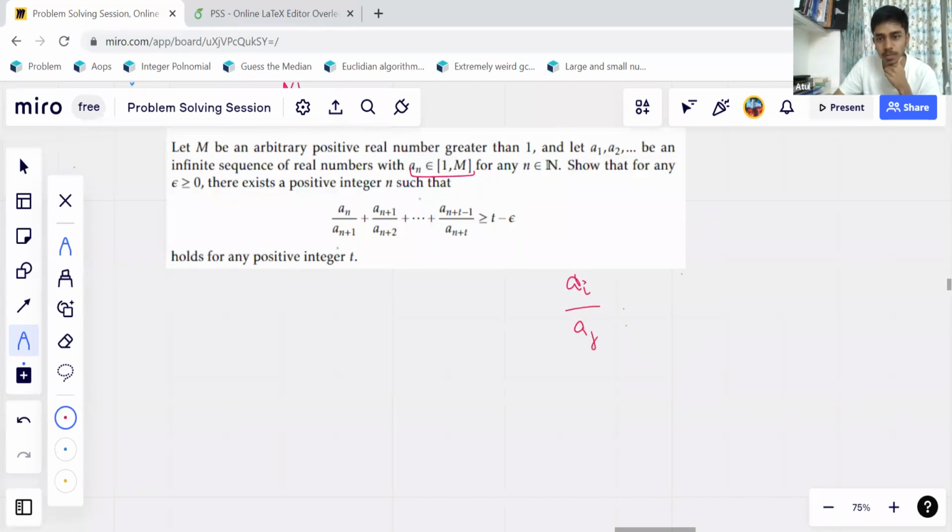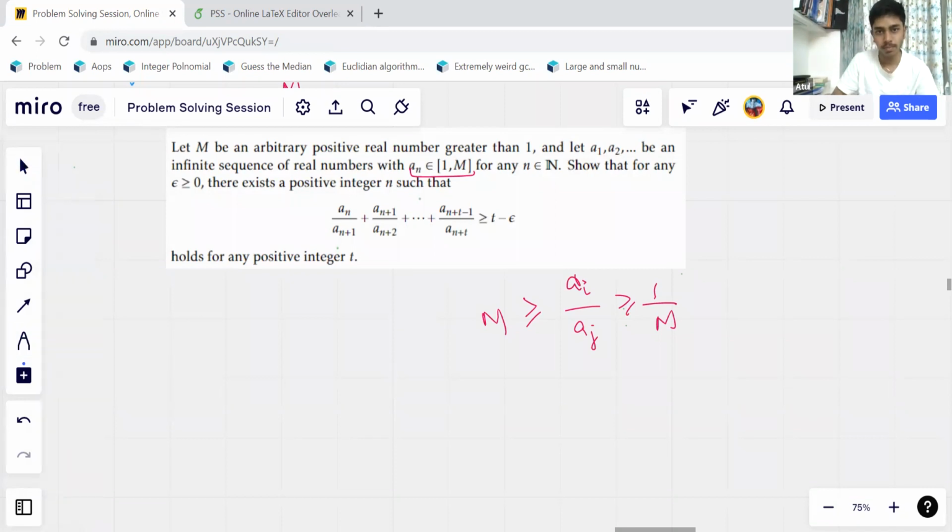Let's just write it, because that's the only information the problem gives us. That's for any... Interesting. Oh, we're not given it's increasing or anything. Okay. Fine.